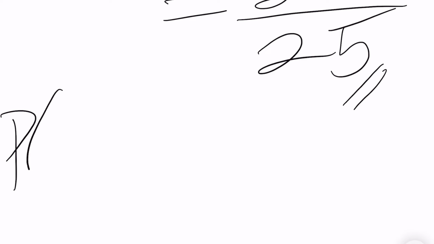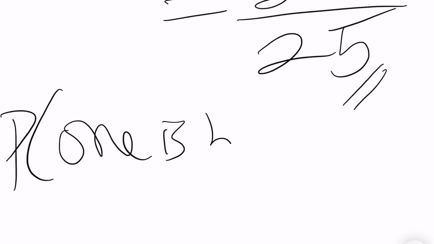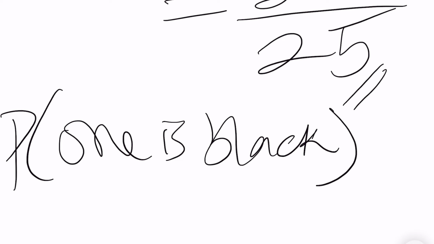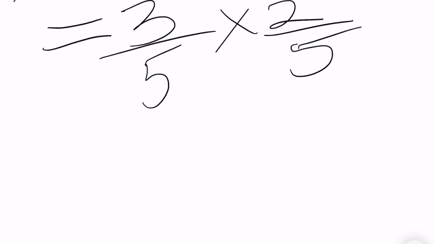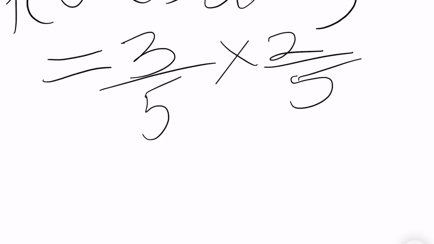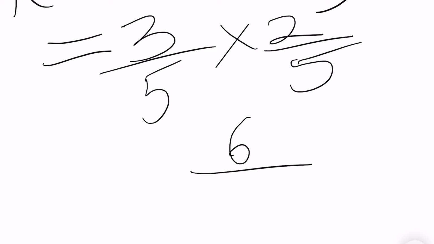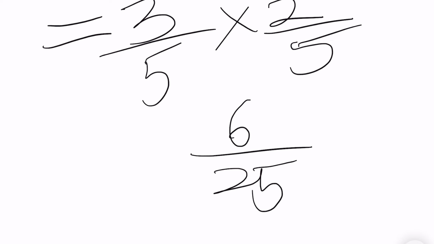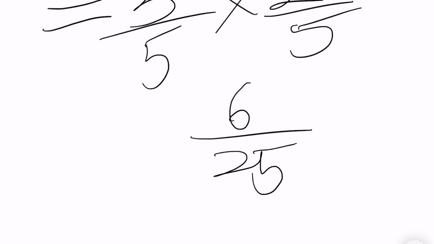The probability that one is black is 3 over 5 times 2 over 5, which is 6 over 25. In two places, it will now be 12 over 25.